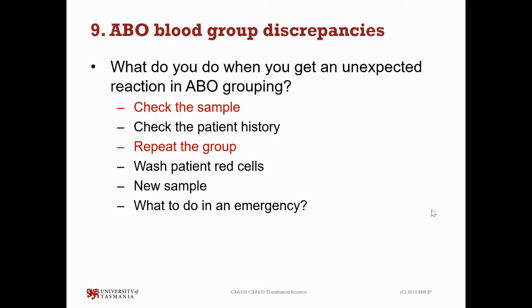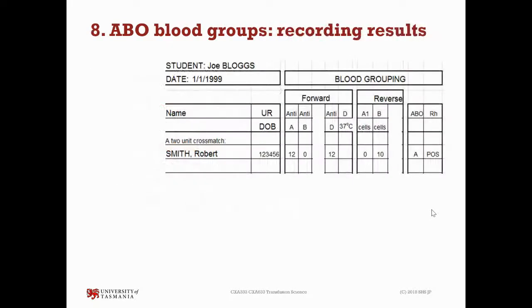We call these ABO blood group discrepancies or ABO blood group abnormalities because we're picking up an unexpected or abnormal reaction. This is when something happens in our forward group. We don't get this pattern.